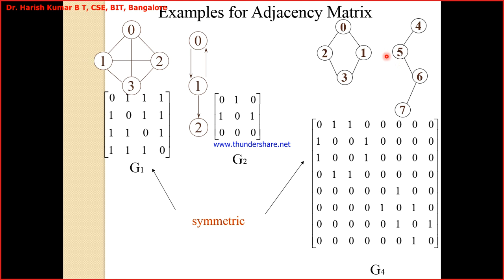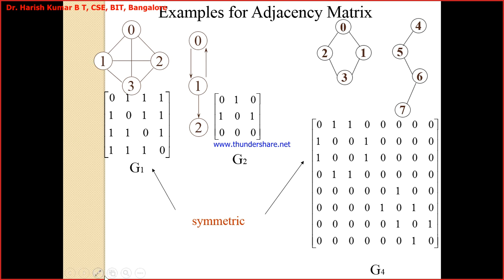This is the graph which we understood in the previous class. It is a graph which is not connected. Now here I have the example, and for this undirected graph, this is the adjacency matrix.